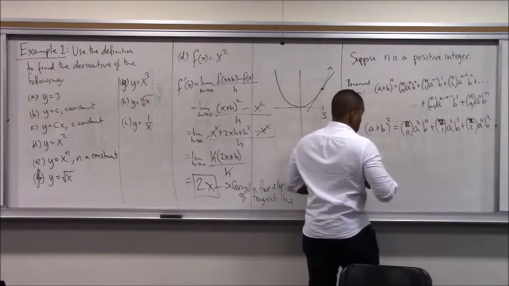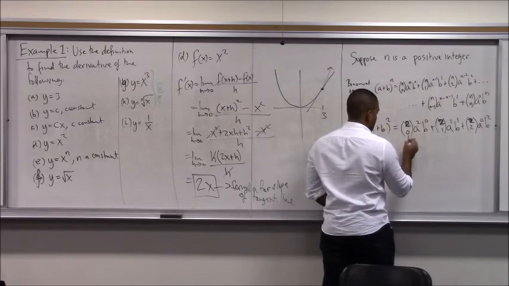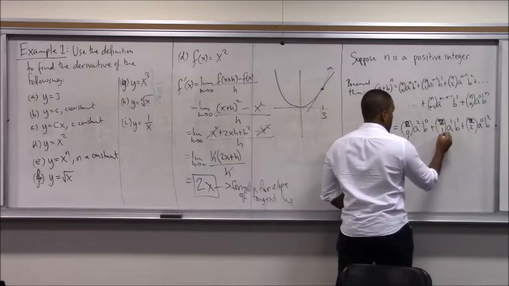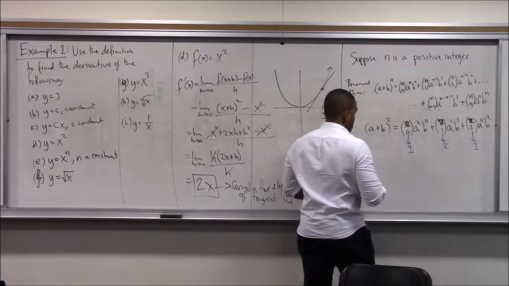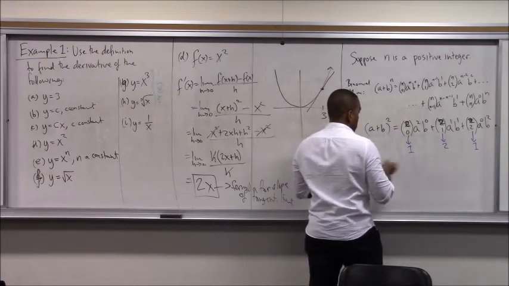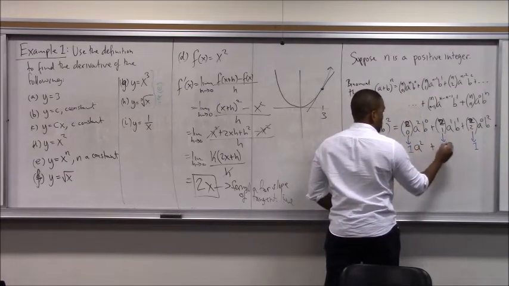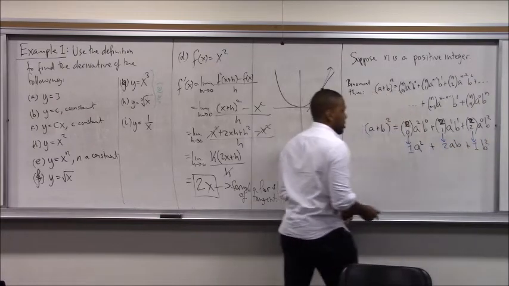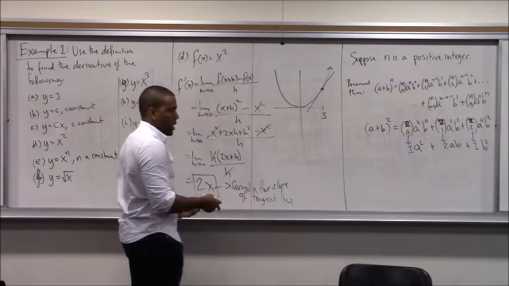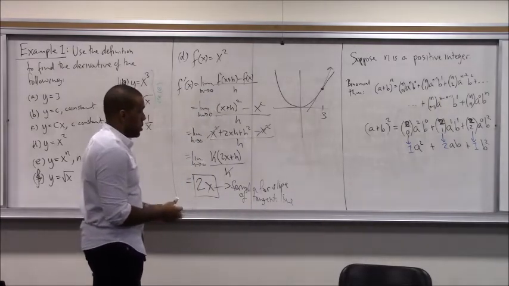It just so happens that this gives us the answer 1, that gives us 2, this gives us 1, and so we end up with a squared plus 2ab plus b squared. So they wanted to generalize that formula.